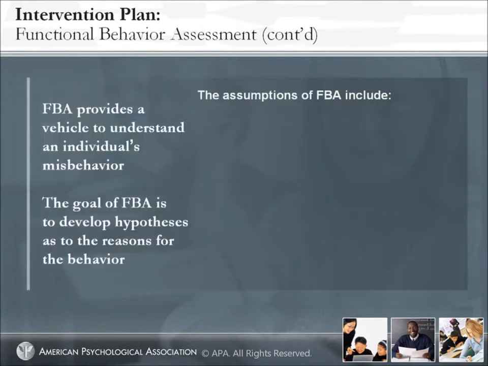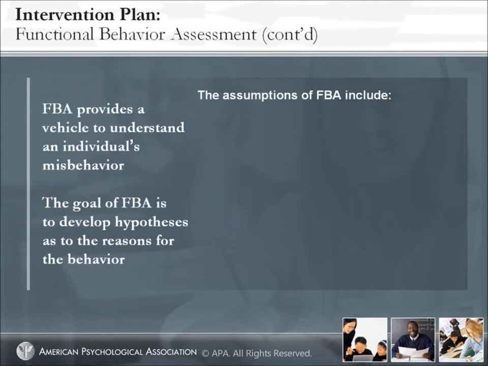Functional Behavior Assessment, FBA, provides a vehicle to understand an individual's rationale for misbehavior. The goal of FBA is to develop hypotheses as to the reasons for the behavior. The foundations for FBA are found in the science of applied behavior analysis.